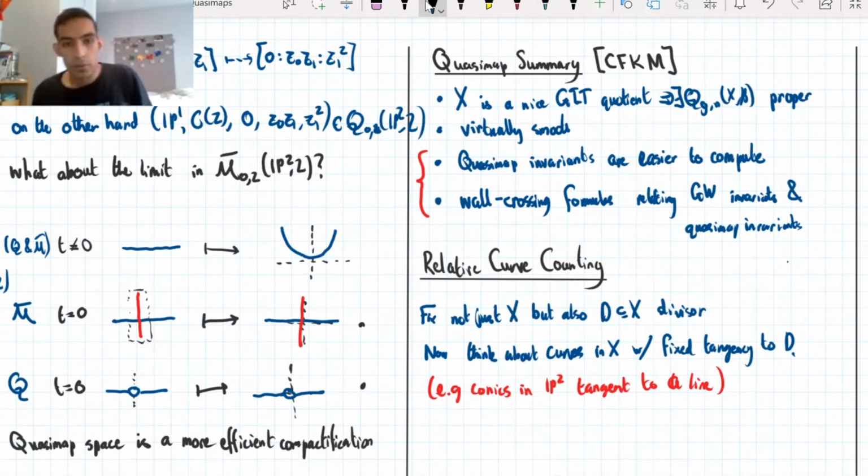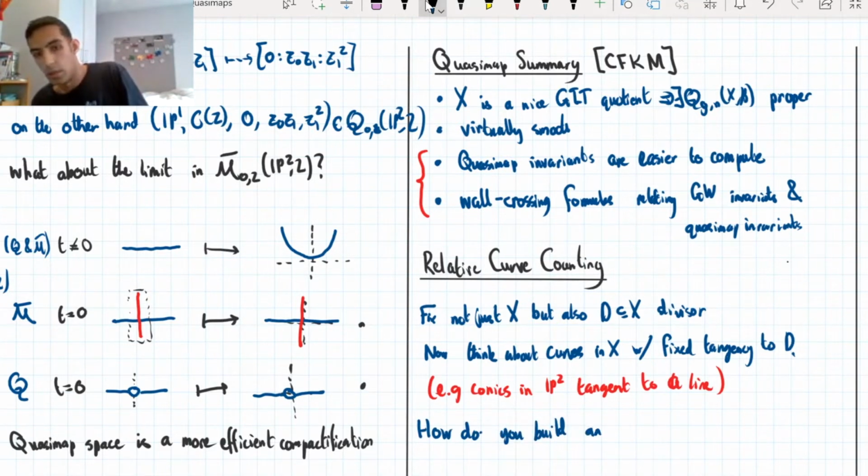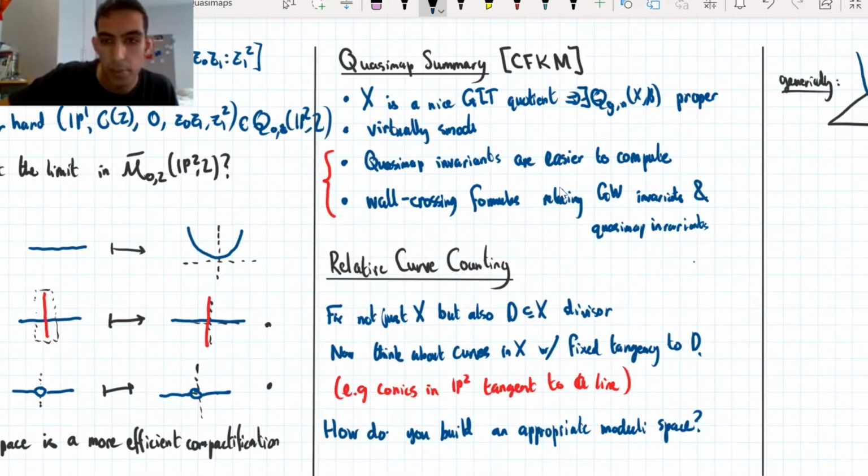Okay, so now I would like to try and play the same game and see if there's another moduli space that's proper that compactifies these objects. So how do you build an appropriate moduli space? Okay, so there's some problem.